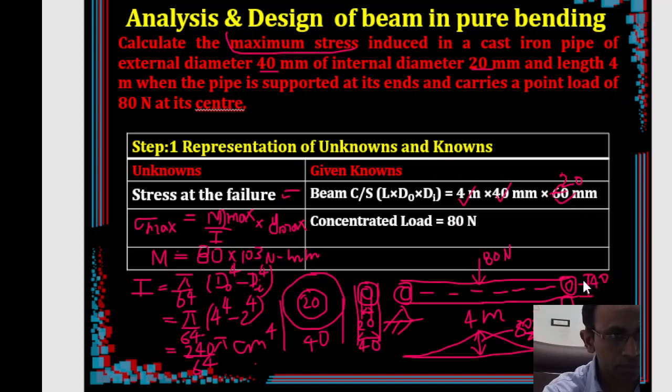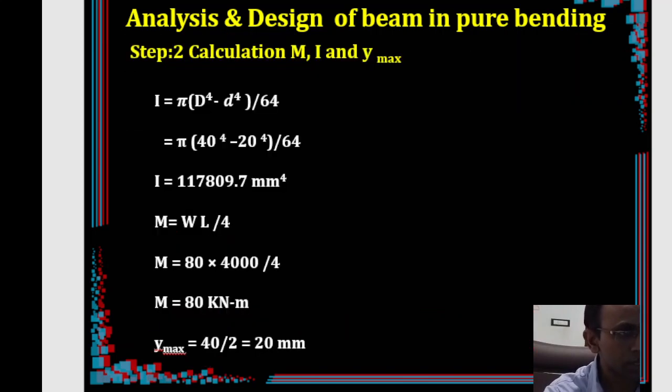So y max is 40 by 2, which is 20 mm. So everything is known. You can simply substitute this to get the solution that you require. So everything was ready. Simply substitute, and you can just look at the solution.